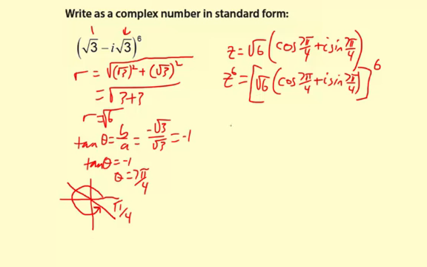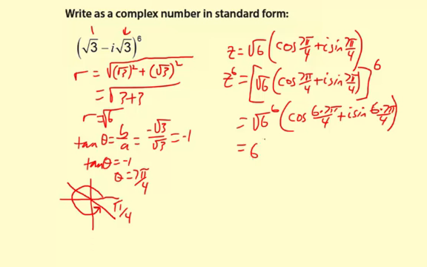Okay, so we'll distribute the exponents. Square root of 6, and that'll be to the 6th power, and then times cosine of 6 times 7 pi over 4 plus i times the sine of 6 times 7 pi over 4. The square root of 6 to the 6th power is the same thing as 6 cubed.